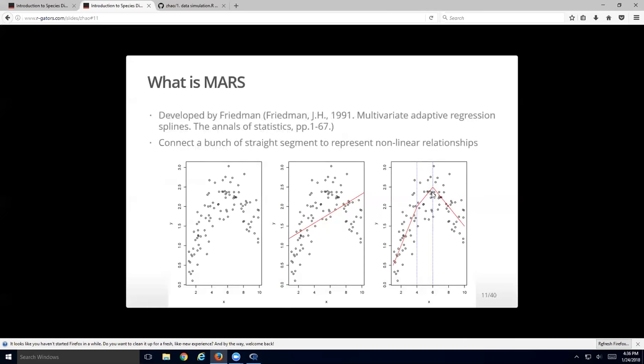So the approach itself will figure out all those things for you, and eventually you can see the shape of this red line represents some nonlinear relationship. So you really don't need to figure out those things yourself. The machine learning approach will learn that and tell you. So it's very convenient.